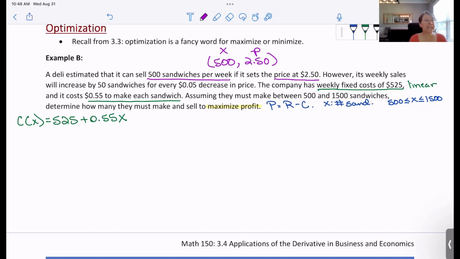It says, however, its weekly sales will increase by 50 sandwiches for every 5-cent decrease in price. That also tells us that it's linear. In other words, it is a constant increase: 50 sandwiches for each price drop, as the price decreases consistently. It's not by a percentage or anything.